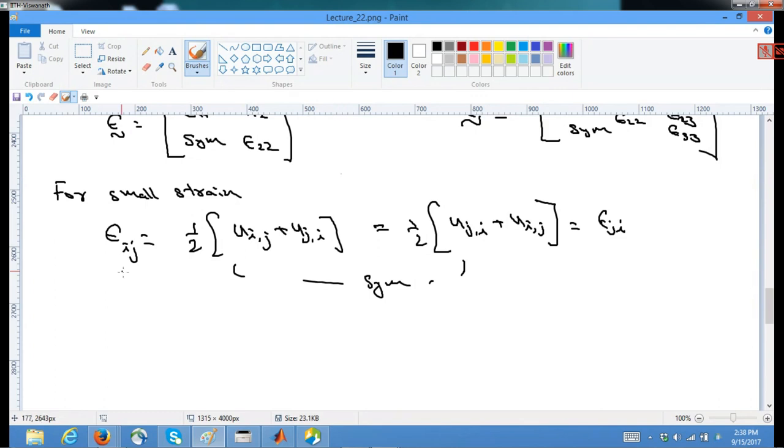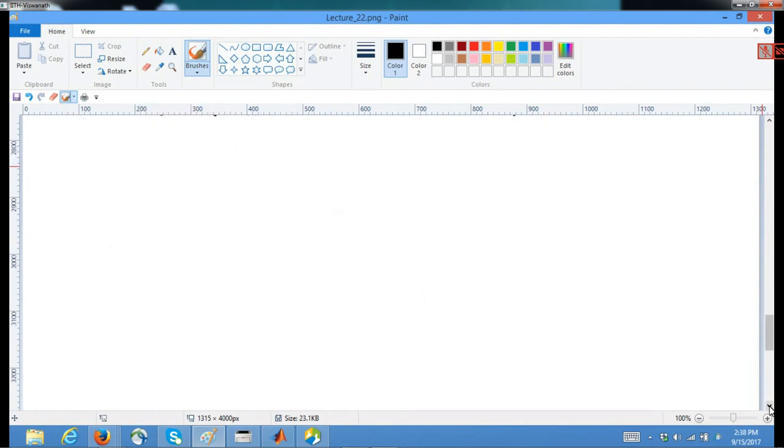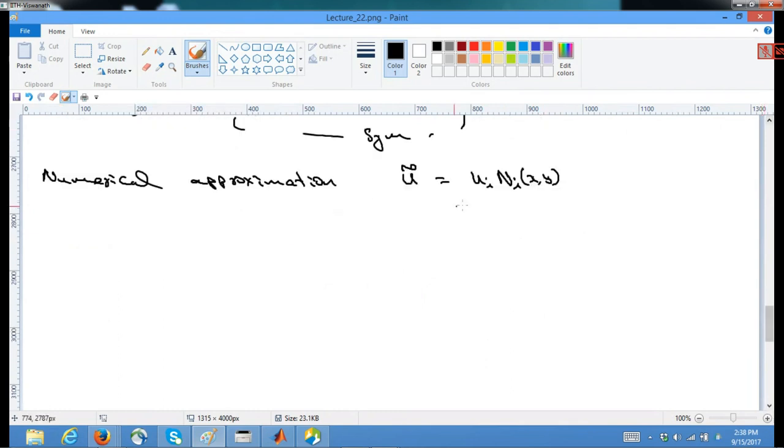Okay, now let us go further down, and what we did was we used our numerical approximation, which is u tilde is equal to sum of u_i N_i, which is a function of x and y, as I showed in the earlier case. Now similarly, my v displacement is sum of v_i N_i(x, y).